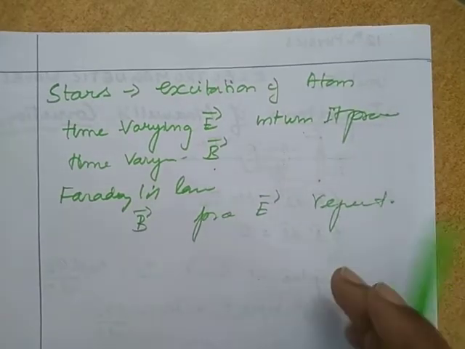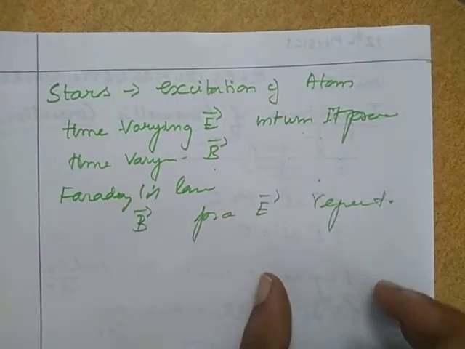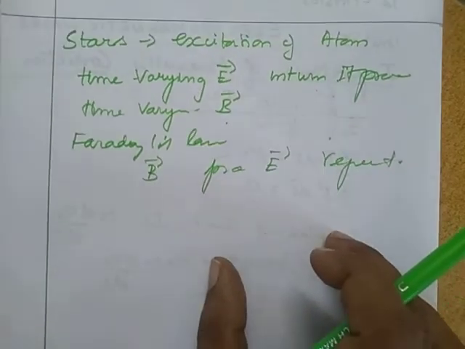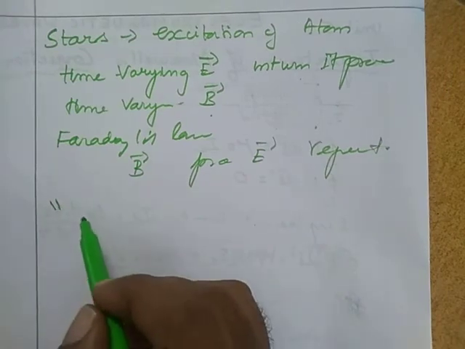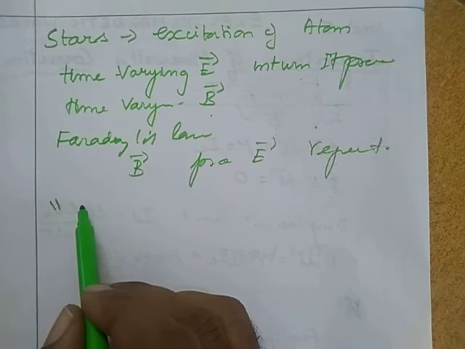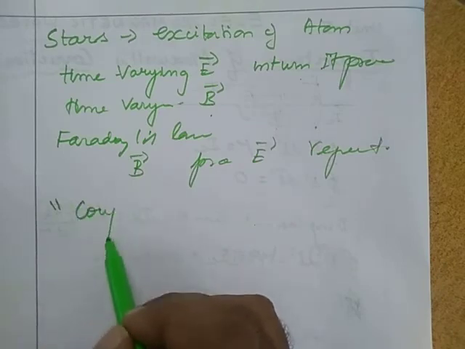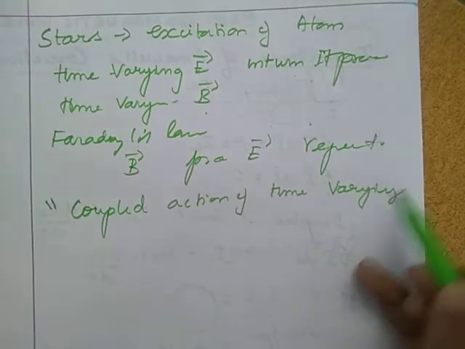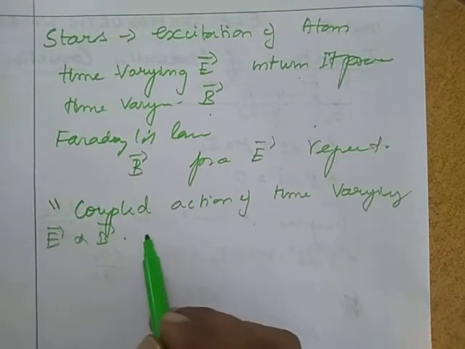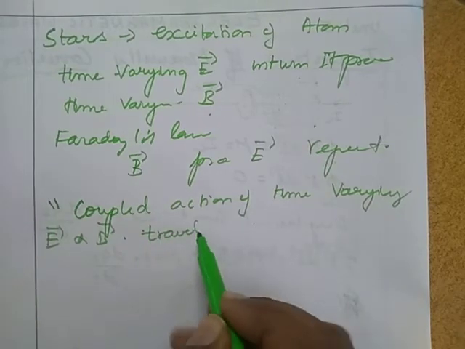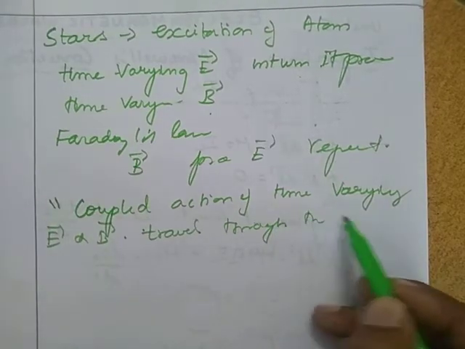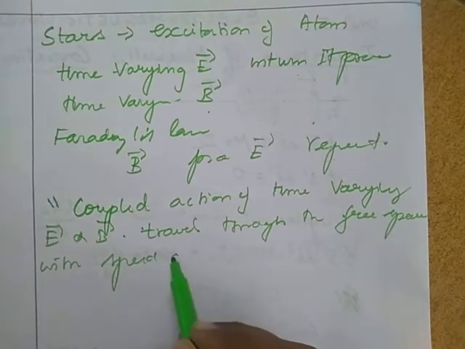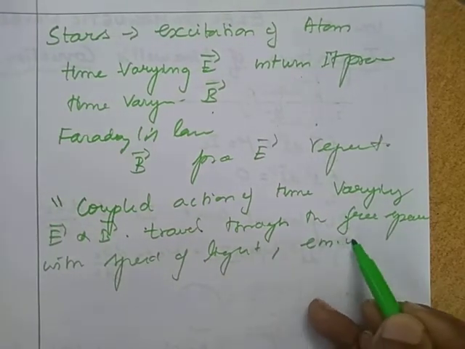Due to this, the coupled action of the time varying electric and magnetic fields travels through the free space with the speed of light, and that is known as electromagnetic waves.